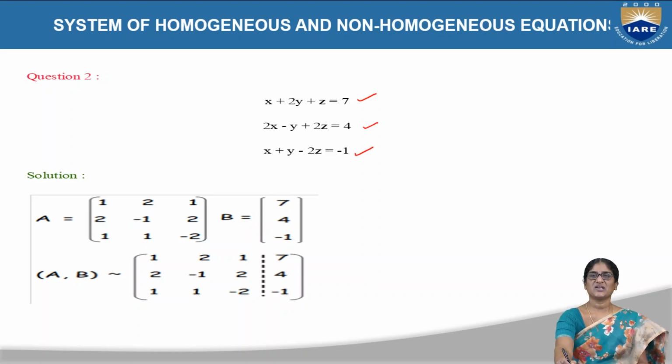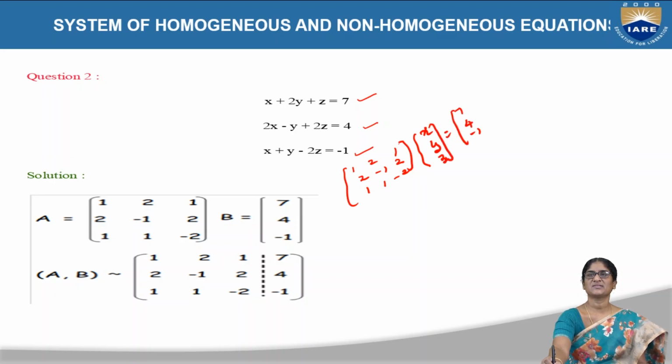As I've said before, first we need to write the given equations in matrix form. It is nothing but [1, 2, 1; 2, minus 1, 2; 1, 1, minus 2] into the variable matrix x, y, z, is equal to the constant matrix 7, 4, minus 1.